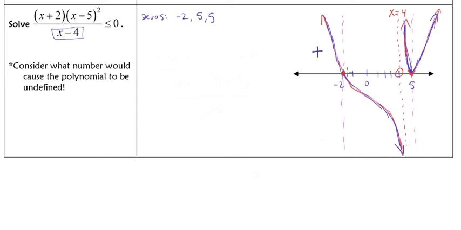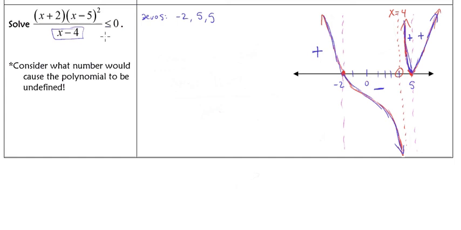The output between -2 and 4 is negative. These outputs are all negative y values. From 4 to 5, it's positive. Right at 5, it's 0. And then from 5 on, it's positive again. So there are our different boundaries, or different areas, that we need to consider. And so let's use this graph to answer our question.